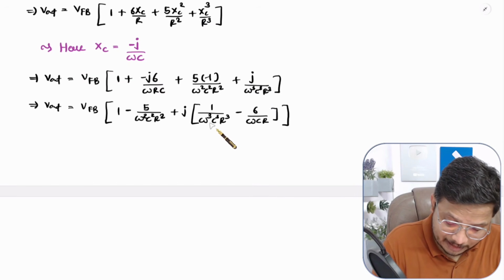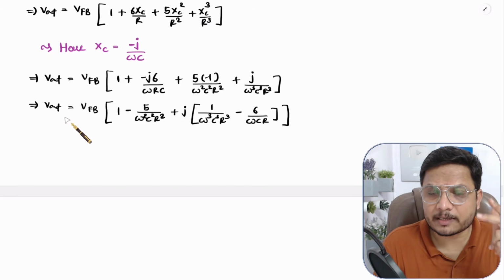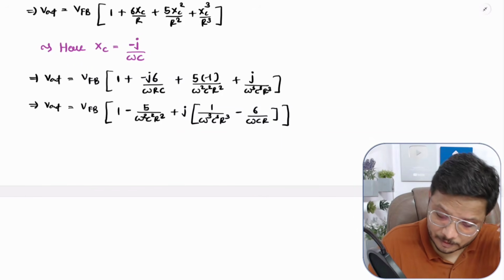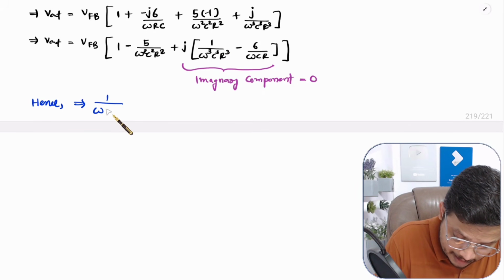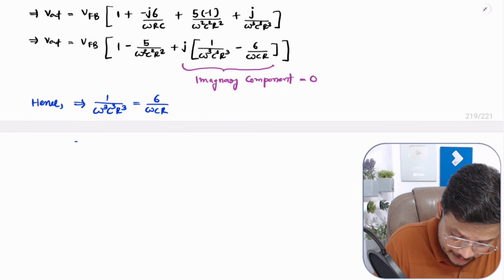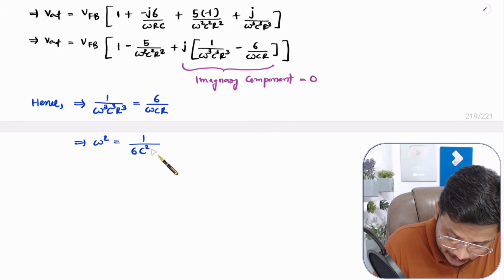Now we have real and imaginary components. One should know with output we don't have imaginary component, means imaginary component over here that is 0. Hence you can say 1 divided by omega cube c cube r cube is equal to 6 divided by omega c r. So here omega c r is getting cancelled. So you can say this omega square will go on the other side, right? That is equal to 1 divided by 6 into c square r square.